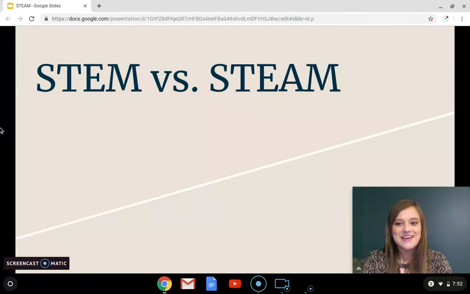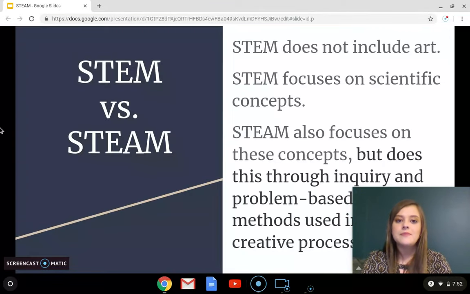Okay, so a lot of people are going to be confused when you say STEAM instead of STEM. So I would like to discuss the difference between STEM and STEAM. STEM, bottom line, it just doesn't include art. That's the difference in STEM versus STEAM, the acronym. But it's also a little bit more than that, and that's something that I didn't know.